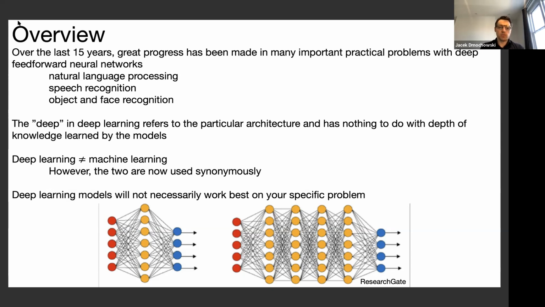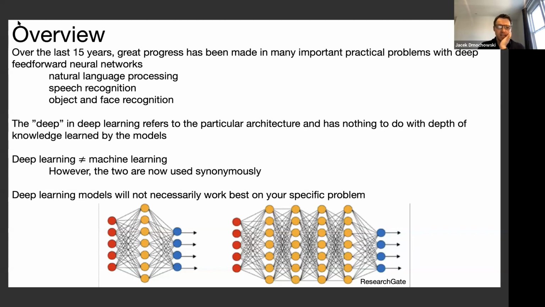And then there's the big one, object and face recognition, which learns to identify individuals or objects from natural images.